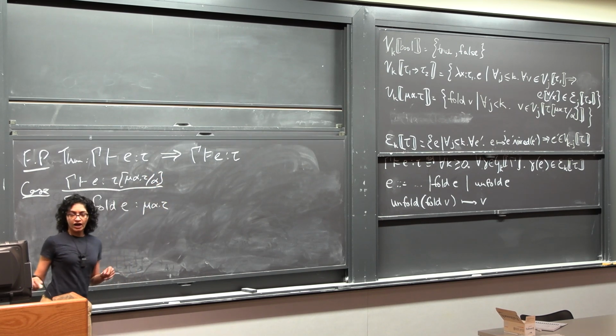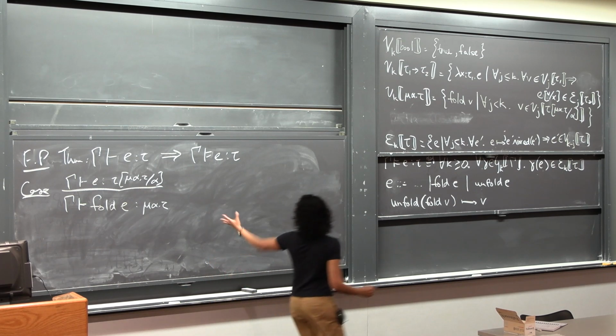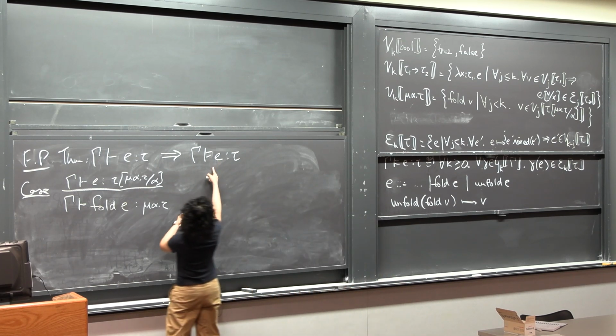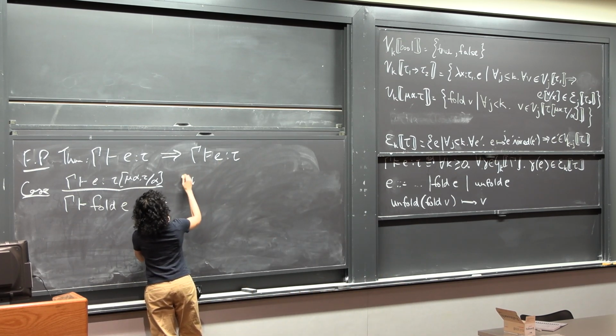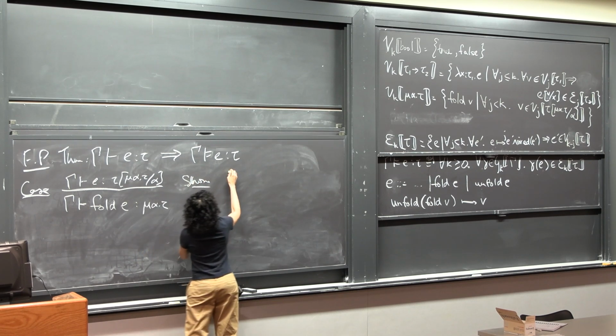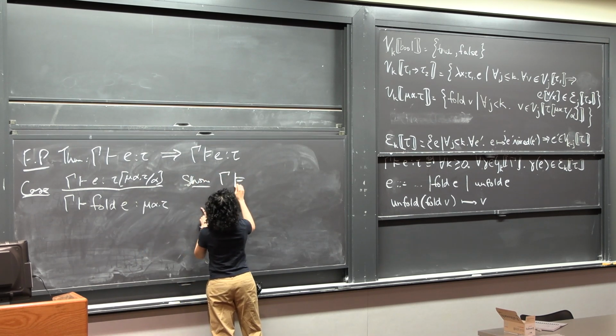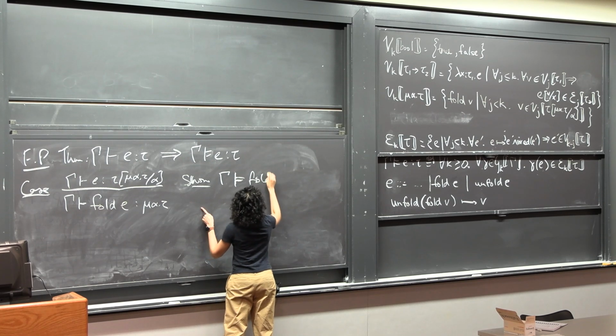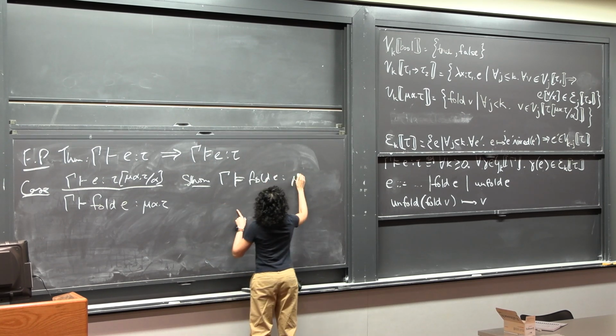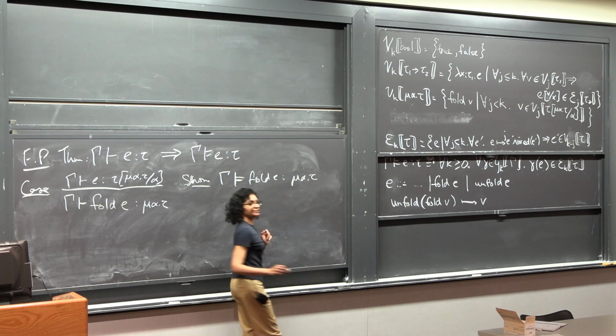So we want to show that under gamma, fold E semantically has type mu alpha tau.